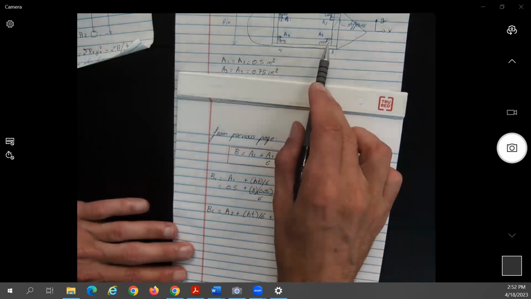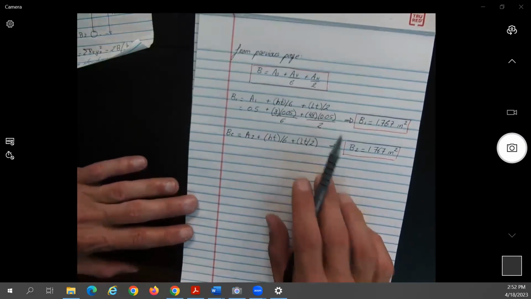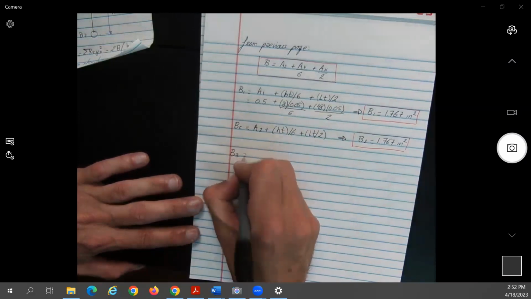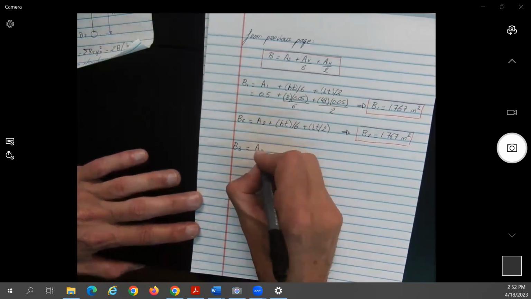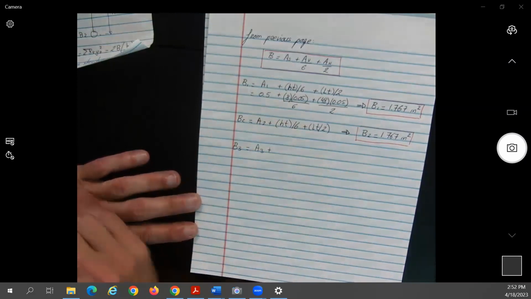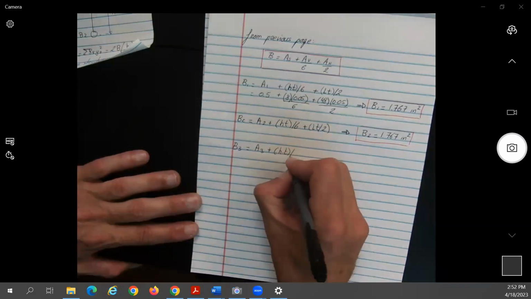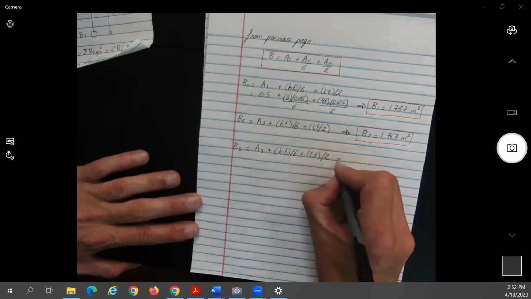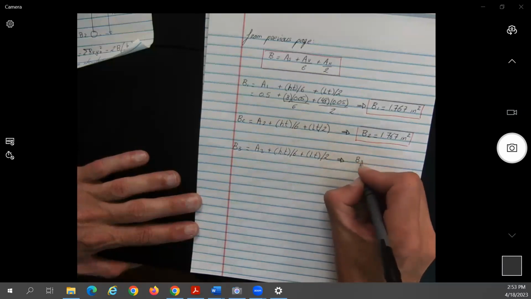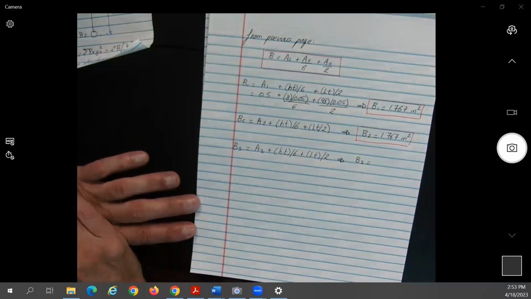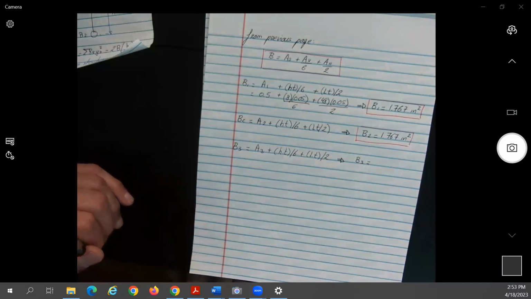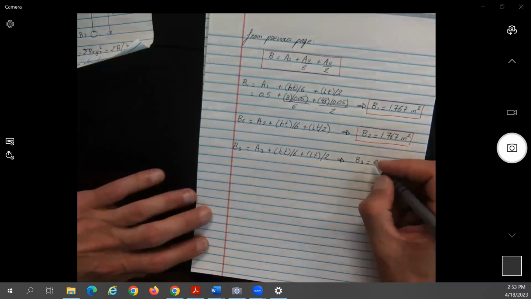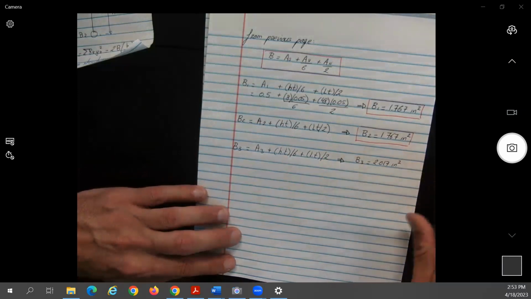Now we move to A3 and A4. So B3 will be equal to A3 plus more of the same, HT divided by 6 plus LT divided by 2, which is going to give a value of B3 of 2.017 inch squared.